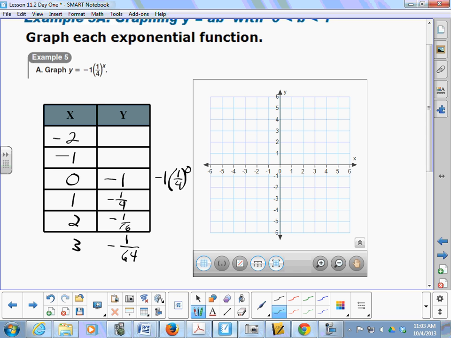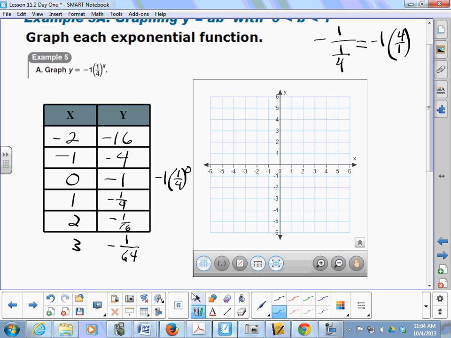If I divide by 1/4, it's the same as multiplying by 4. Because remember, if I divide by a fraction, that's the same as multiplying by the reciprocal. So what's -1 times 4? This is -4. And then -4 times 4 is -16.